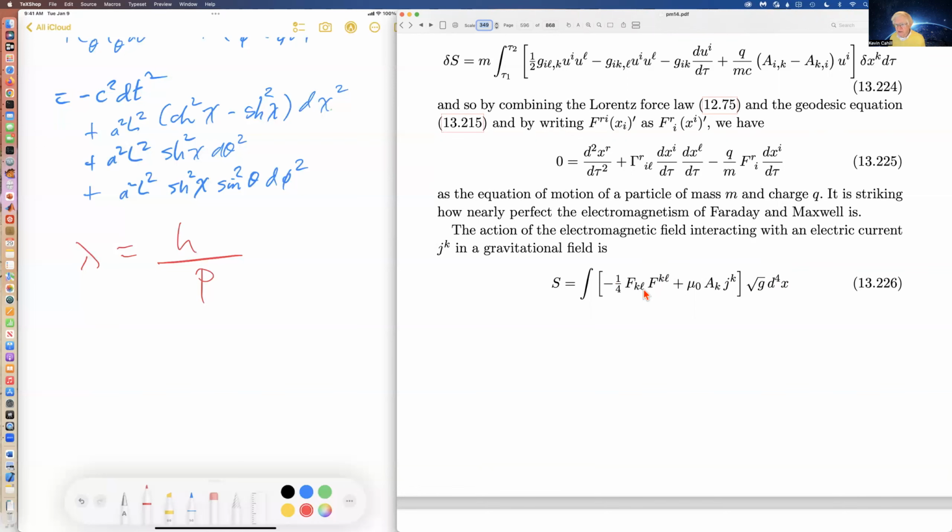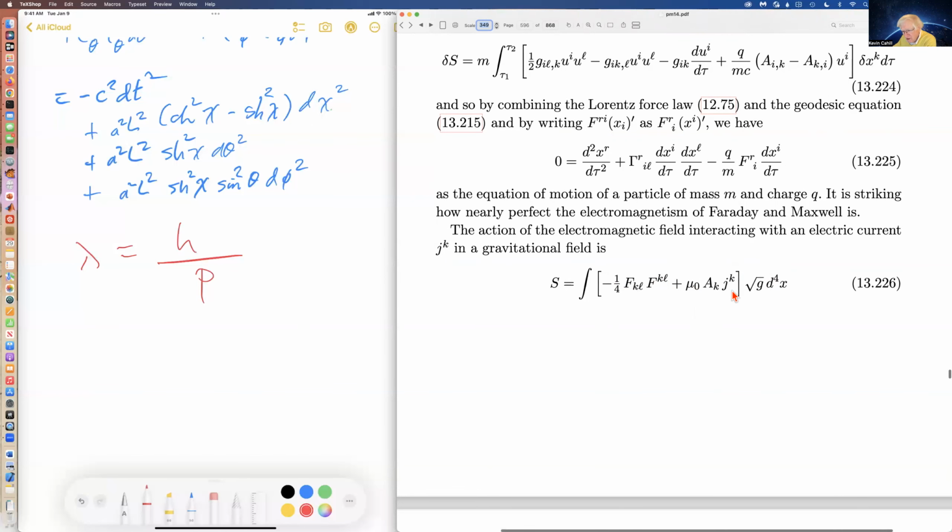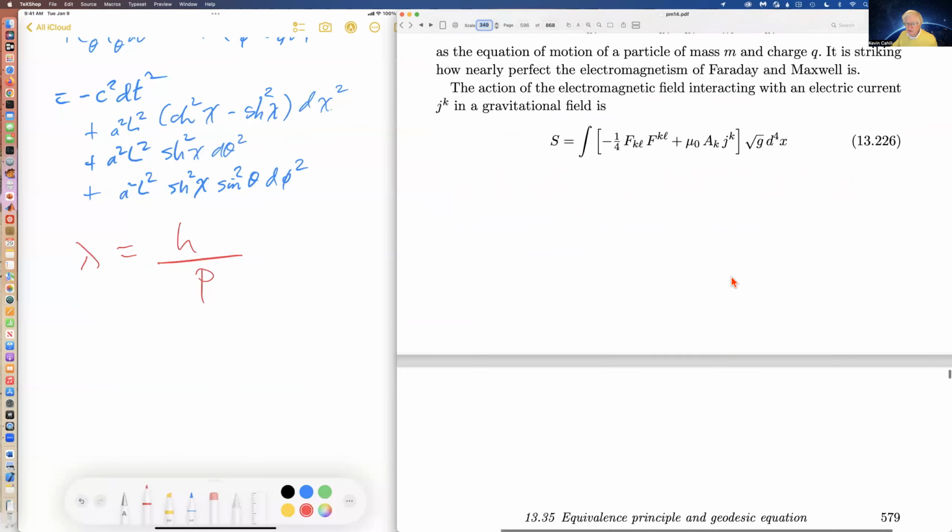And I say ordinary, but it's not quite the one that Maxwell and Faraday invented, because this one has two raised indices, and you raise indices with the inverse of the metric tensor. The same thing over here. Maxwell would recognize this, but here the k index has been raised.